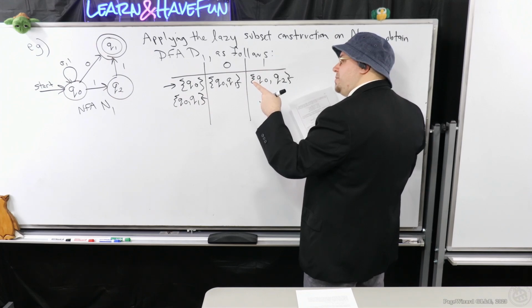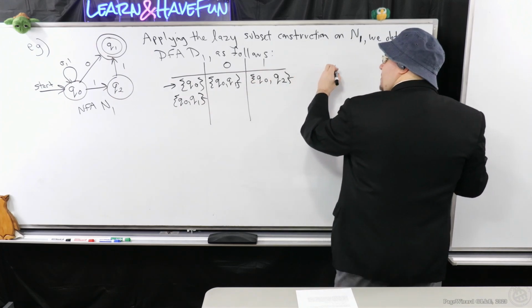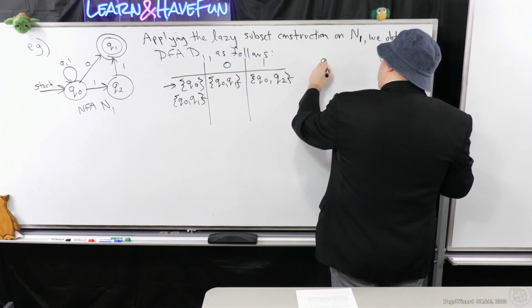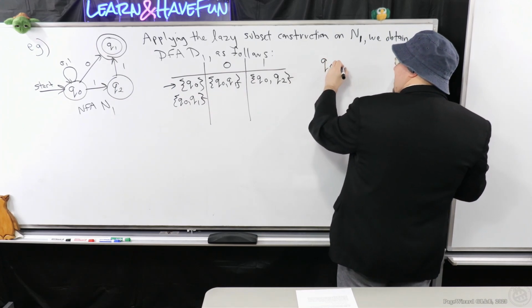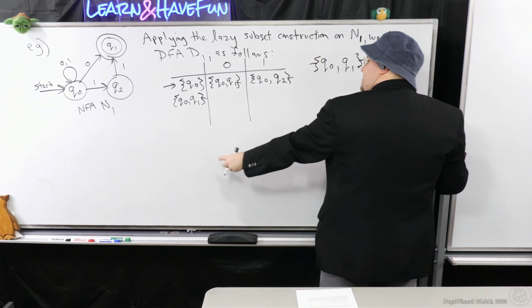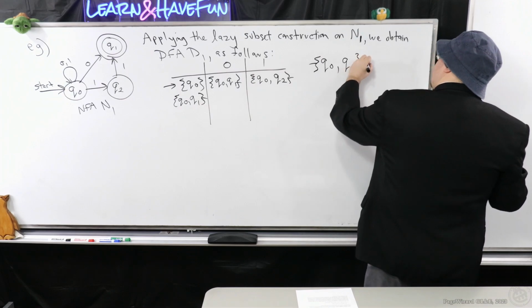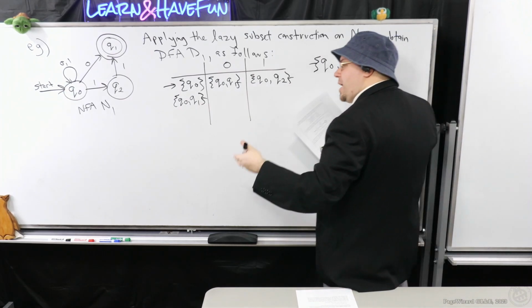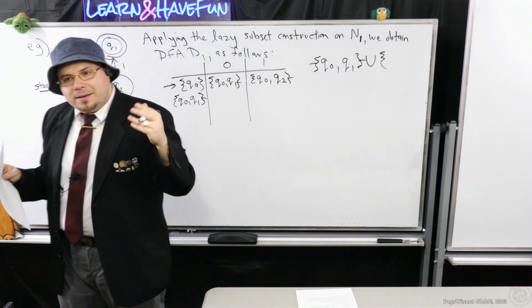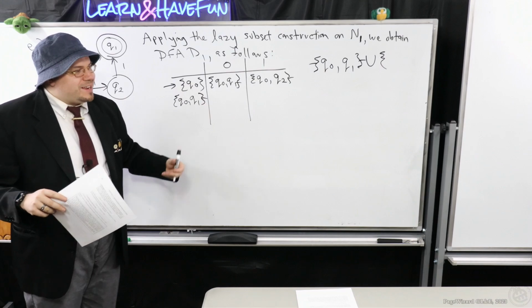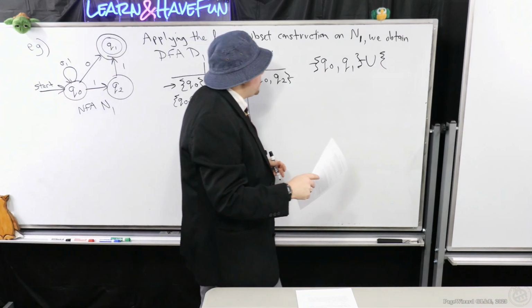On Q0, when I read a 0, akin to what I had before, it should be Q0, Q1 as the subset. Then I have to consider Q1. Remember, I'm going to consider the transitions out from each of these states and lump the states together in one subset appropriately.